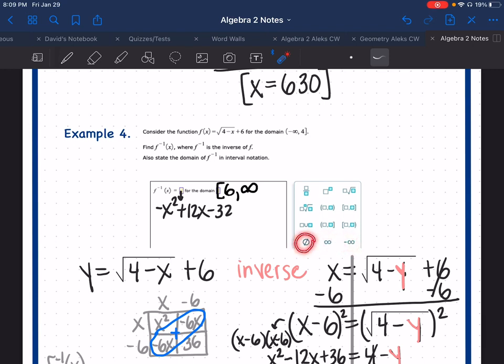This is the null set, where you would say there's no domain. And then you would put a parenthesis. So you're going to want to do this by picking this one first, then typing in your 6 in the first blank, and after the comma, putting in the infinity symbol. Hope this helps.